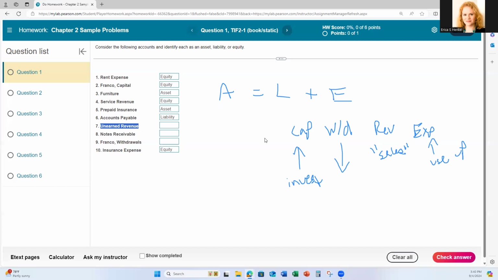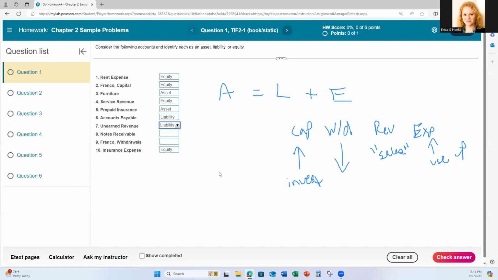Let's say that I am a service provider and somebody pays me in advance to perform accounting services for them. I owe them either a refund or I owe them accounting services. So because I owe them something, unearned revenue that I have not fulfilled yet is actually a liability.